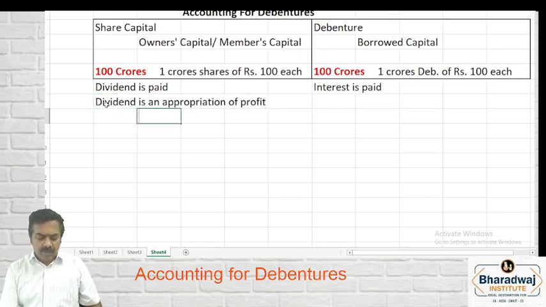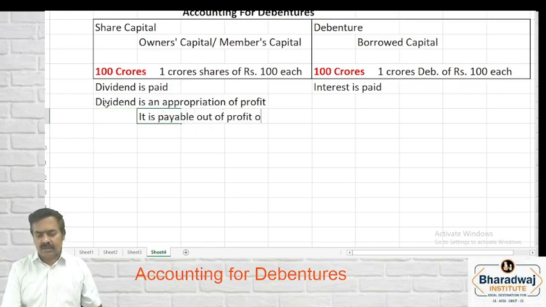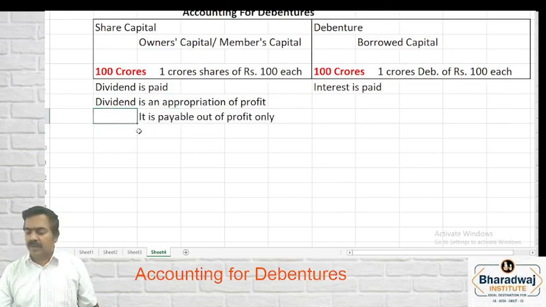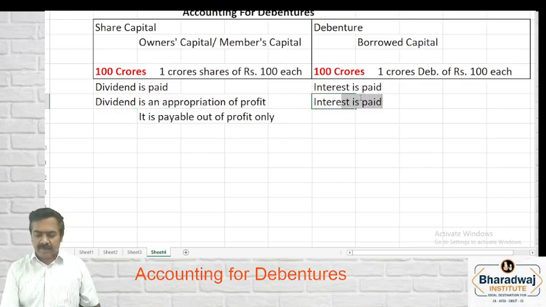Otherwise, it is payable only when there is a profit. It is payable out of profit only, or reserves. But interest is a charge against profit.